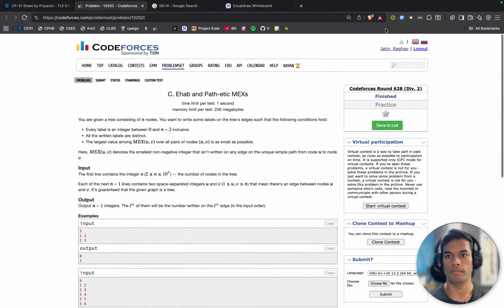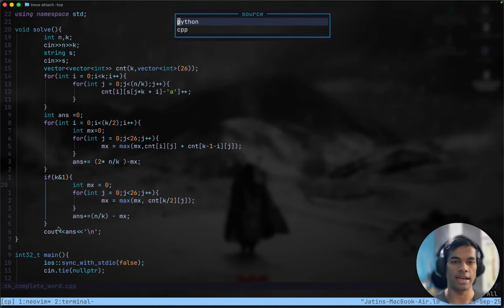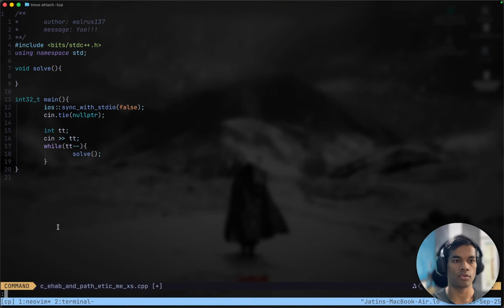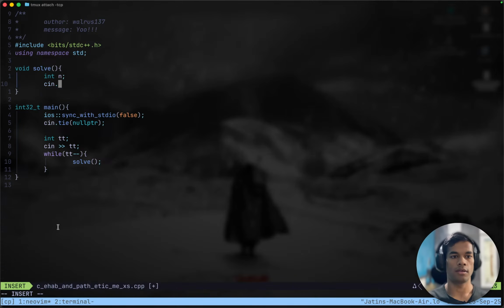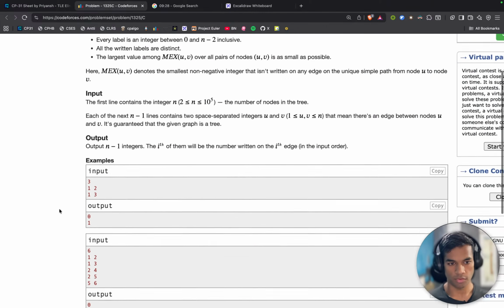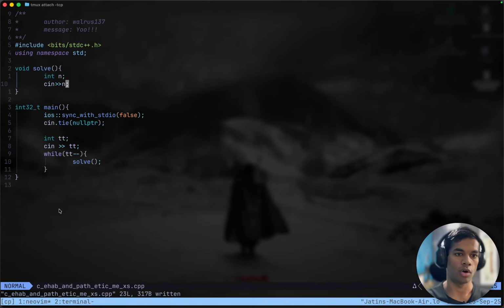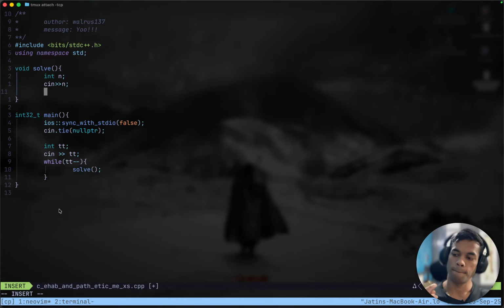Okay, cool. So I'm going to use an adjacency list to store the input, int n, cin n, and apart from that, that is all that we need. And then calculate the degree. Okay, we don't even need an adjacency list.